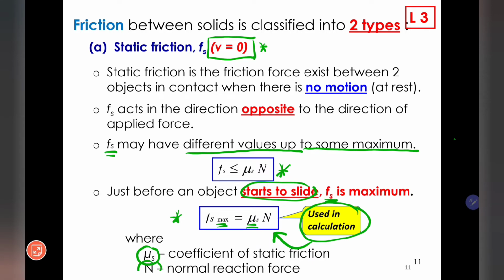Static frictional force acts in the direction opposite to the direction of the applied force. Again, the frictional force is always in the opposite direction of motion.